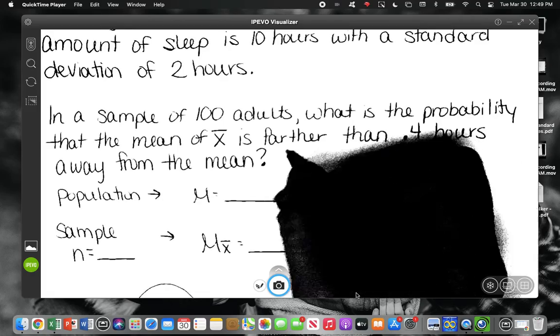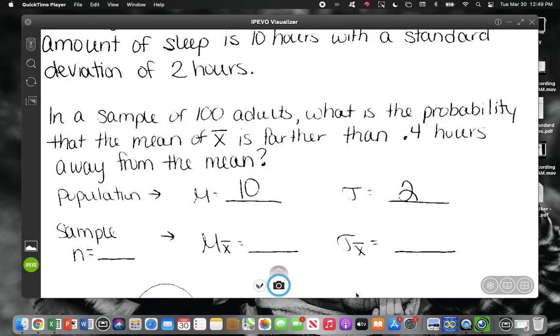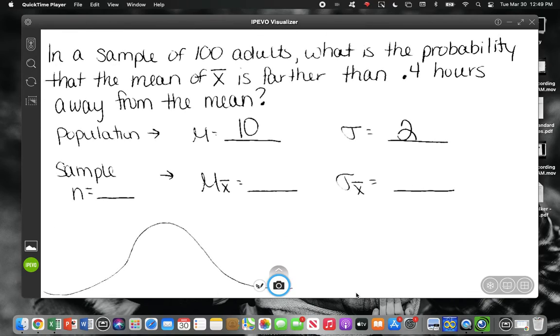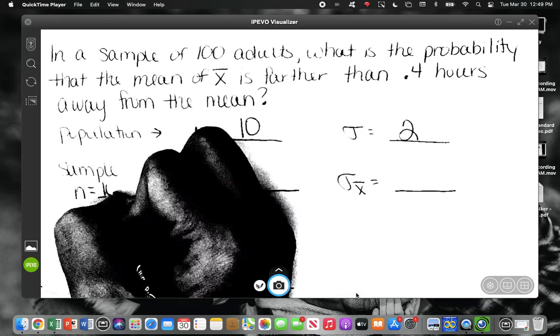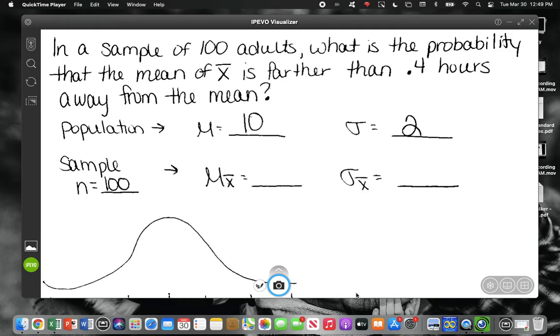So our population had a mean of 10 and a standard deviation of 2. But we can go ahead and calculate the mean and the standard deviation for our sample. So our sample size is 100. All right, what's the mean going to be?